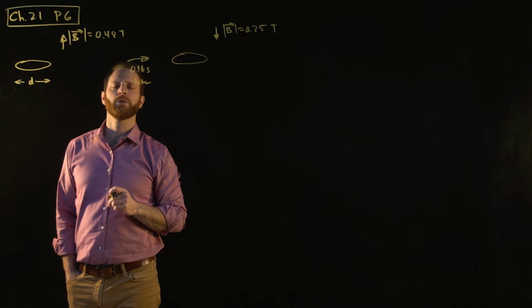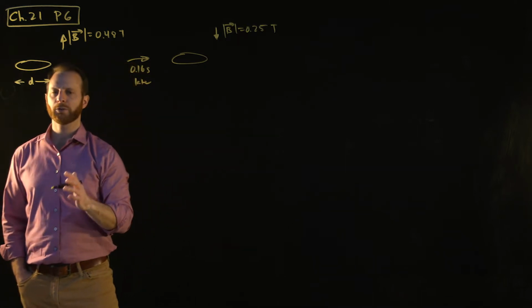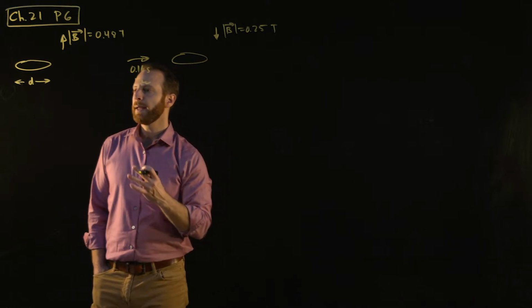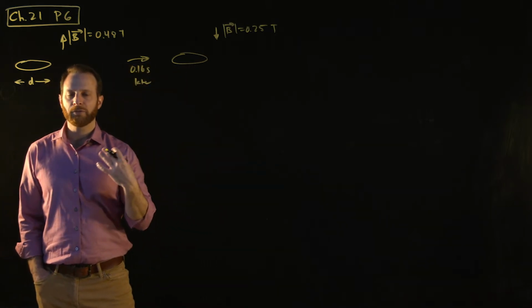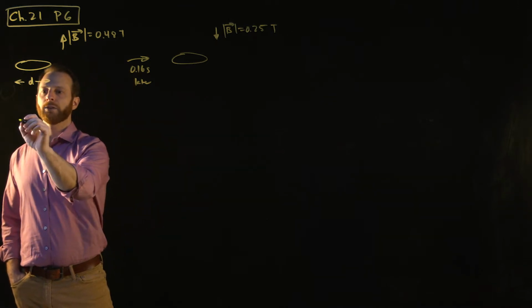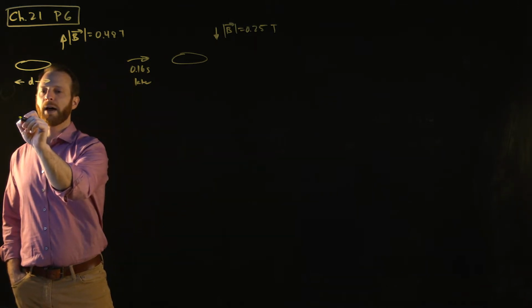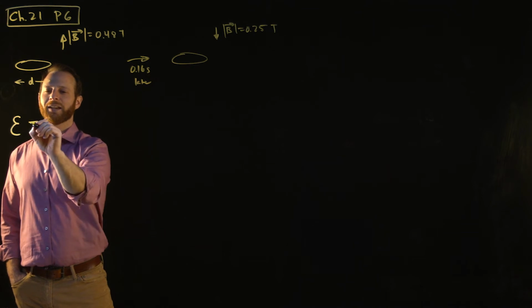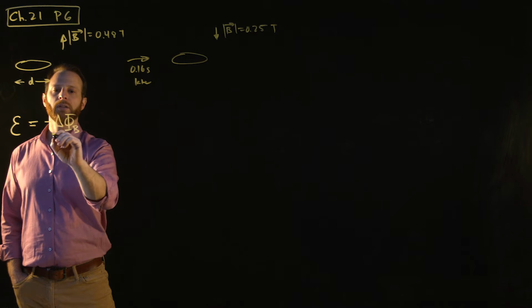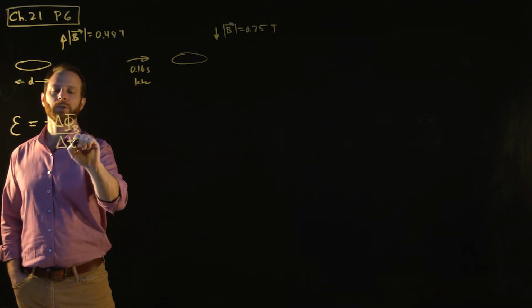So look, to do this, what we have to remember is that there's a formula for computing the induced EMF in a coil that involves how the magnetic flux changes through the coil as a function of time. And that is Faraday's law of induction. The EMF, squiggly E, is given by minus the change in the magnetic flux divided by the change in time over which that occurs.